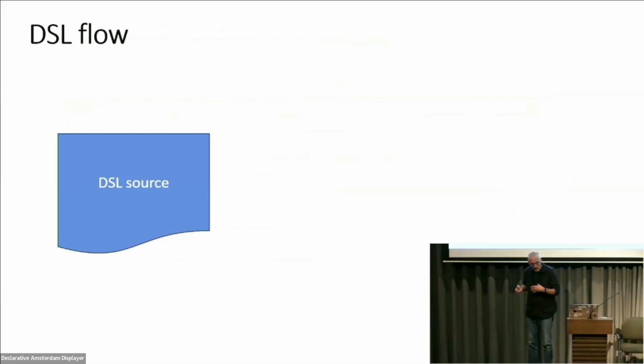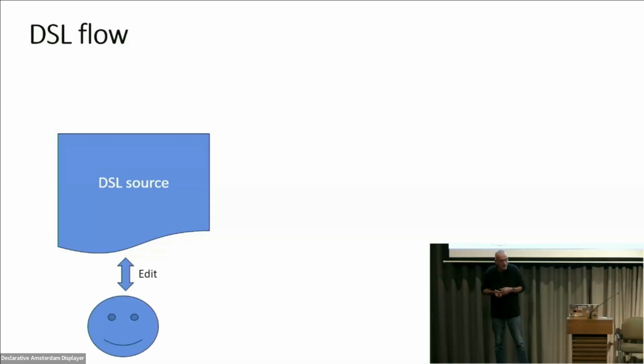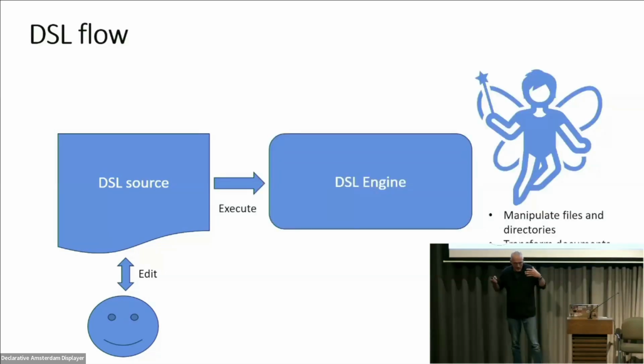How does it work? Of course, you have a source. You write your program, you have a source code or multiple source code files. And somebody is editing them. And once you have edited them, you need an engine to actually execute and let the DSL do its magic.